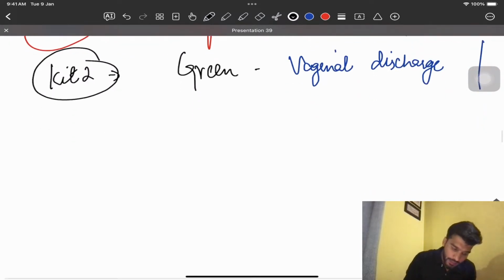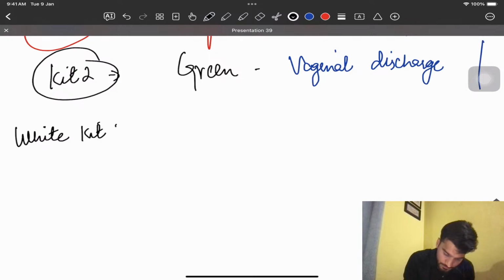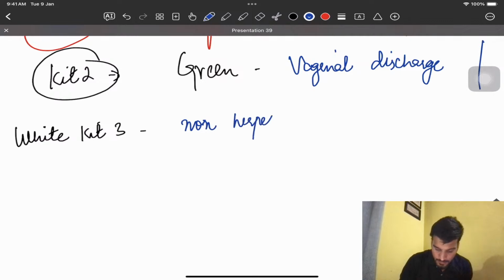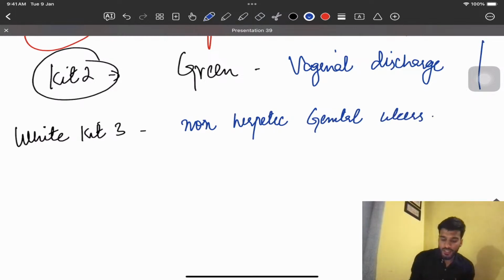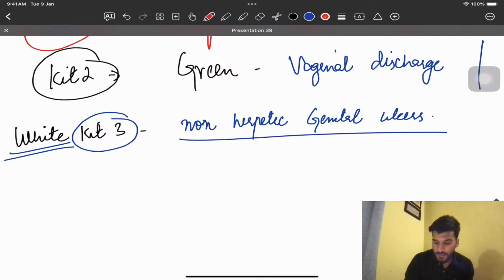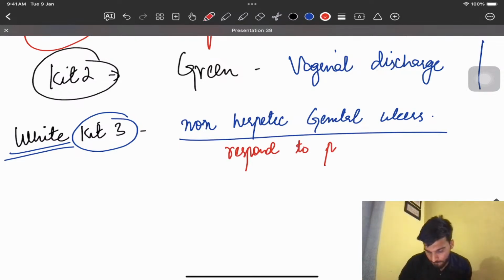After that, my dear students, we have white color kit 3. Any patient with non-herpetic genital ulcers, you will give kit 3, that is white color. These patients respond to penicillin, so the drug inside the kit will be penicillin.